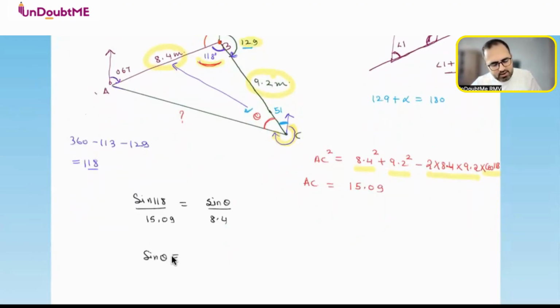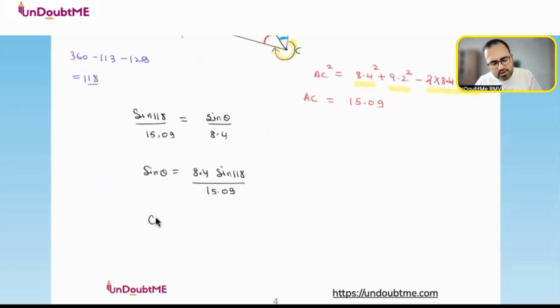So sine theta will be equal to 8.4 times sine 118 over 15.09. And then at the end in your calculator, you can do sine inverse of this whole thing.